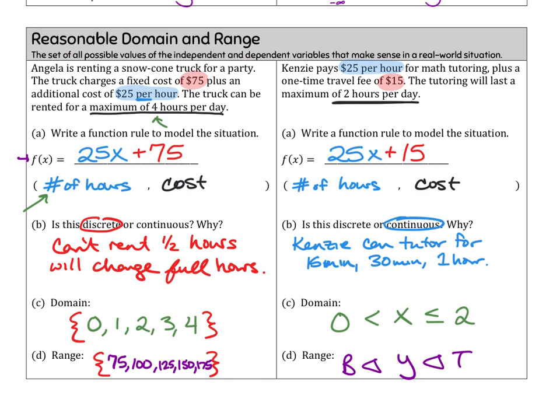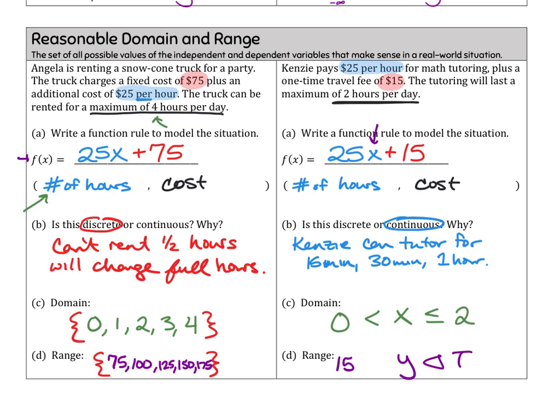So we have to figure out what the range is. What's the output here? Well, if Kenzie tutored for 0 hours, how much money would she make? None, because she tutored for 0 hours. But $15 was the least that she'd make, because if this was 0, 25 times 0 plus 15 is 15.